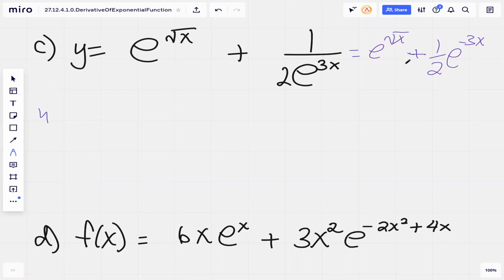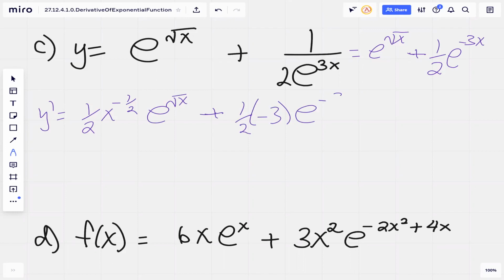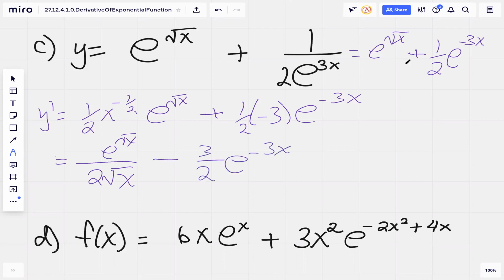All right, so now we have y prime equals the derivative of the square root of x is a half times x to the negative 1/2 times e to the square root of x plus a half times negative 3 times e to negative 3x. And now we can clean everything up and we have e to the square root of x over 2 times the square root of x minus 3 over 2 times e to the negative 3x.